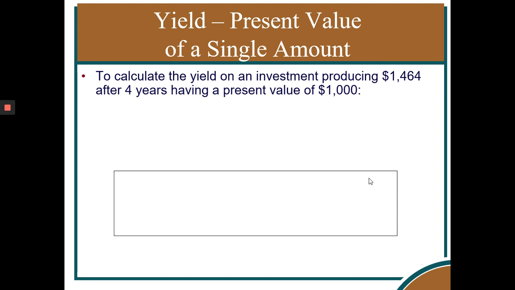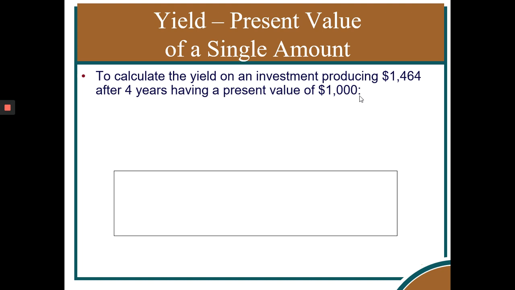Here, the investment producing 1,464 is the future value, N equals 4, and the present value equals 1,000, which means present value, future value, and N are given.